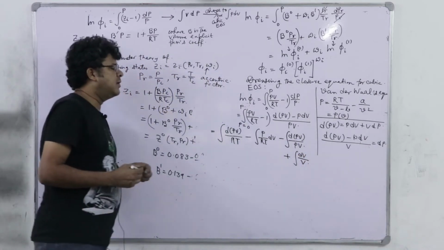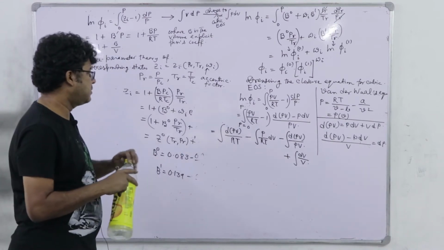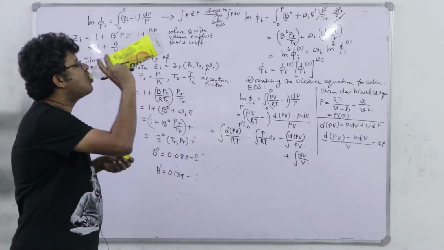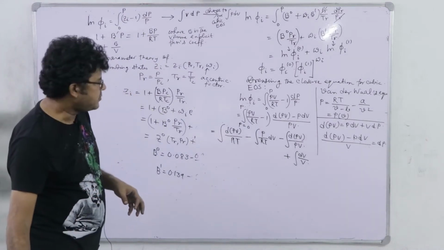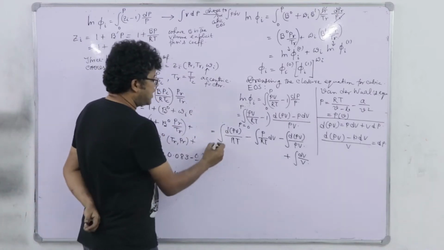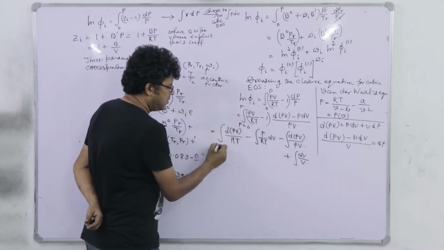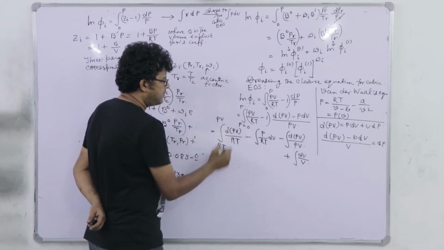Now, let us decide about the individual limits of the integral. So, the first, P equal to 0, the ideal gas state. So, for ideal gas, when P equal to 0, PV equal to RT, and here it is PV.